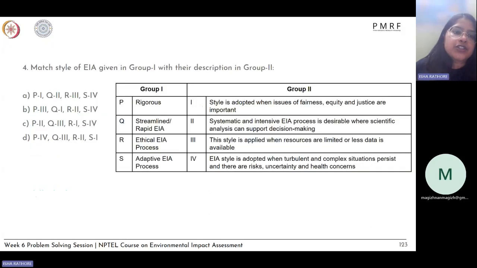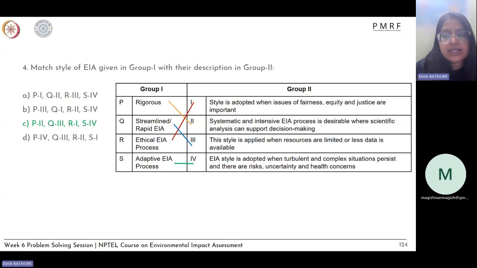Moving on to the next question, match the style of EIA given in group 1 with their description in group 2. So in group 1, we have different EIA styles, and in group 2, we have their description. So the correct answer is C, that is rigorous EIA is systematic and intensive EIA process desirable where scientific analysis can support decision making.